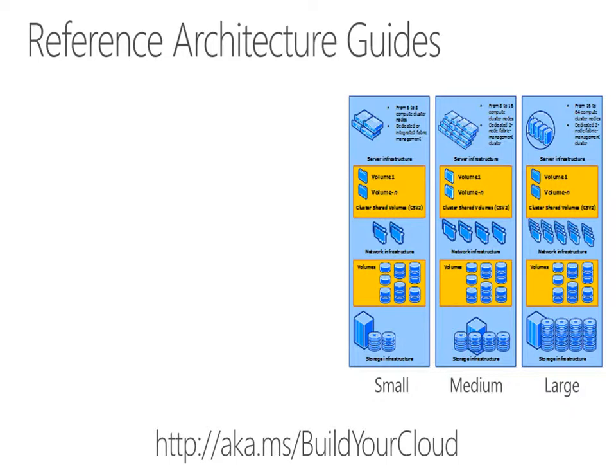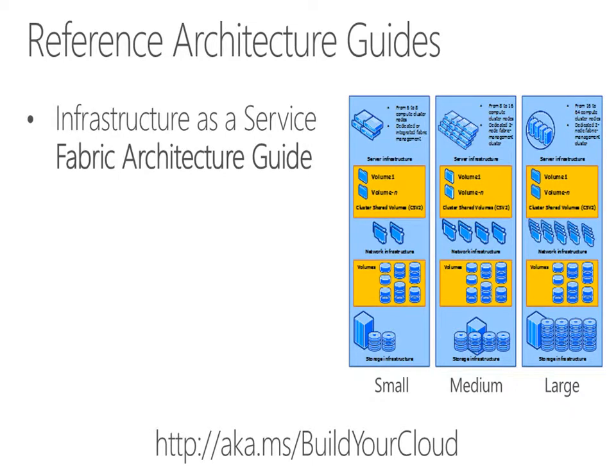The reference architecture guides are great because whether you're a small, medium, or large organization, it allows you to quickly form a standard reference architecture that's helpful for standardizing the deployment and configuration of a private cloud environment, and then attaching that on to a hybrid cloud through public cloud providers like Windows Azure.